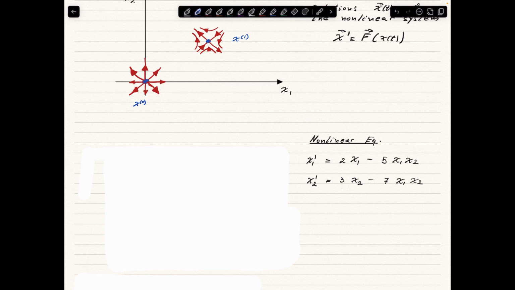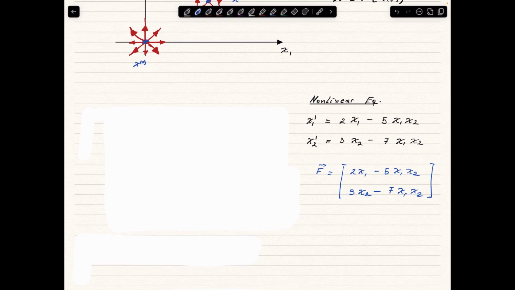And what we need to do is study the vector field associated to that system, which is, of course, 2x1 minus 5x1x2, and here we have 3x2 minus 7x1x2. So this field, we are going to evaluate on two places, on the points of the form (x1, 0).